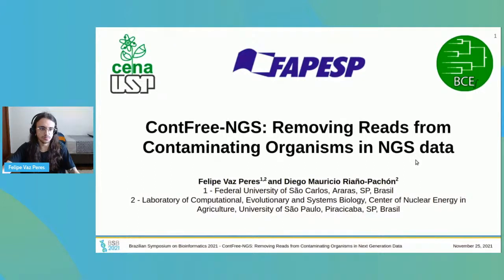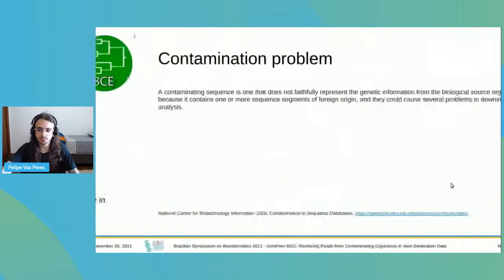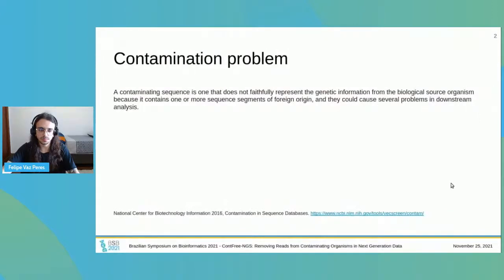To start this presentation, I would like to introduce the problem of contamination in public datasets. As defined by NCBI, a contaminating sequence is one that does not faithfully represent the genetic information from the biological source organism because it contains one or more sequence segments of foreign origin, and they could cause several problems in downstream analysis.